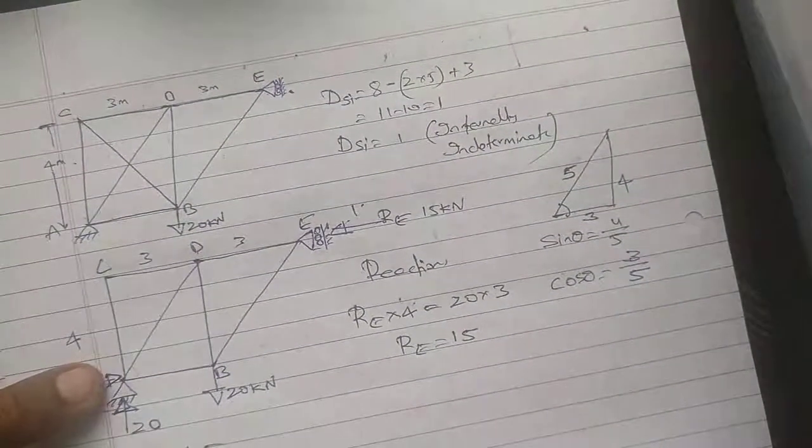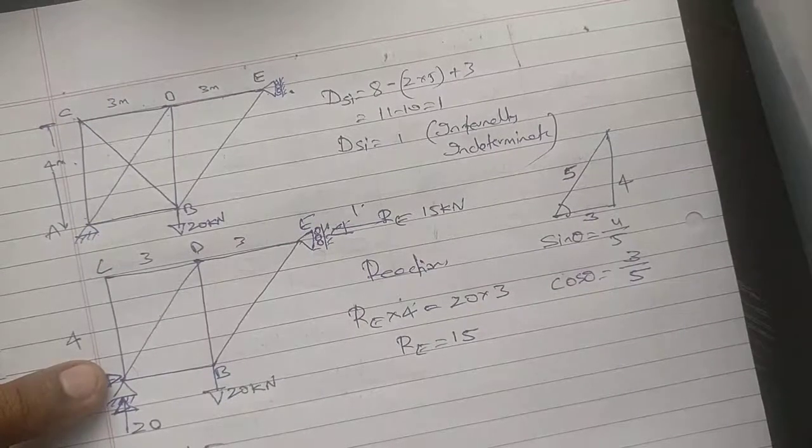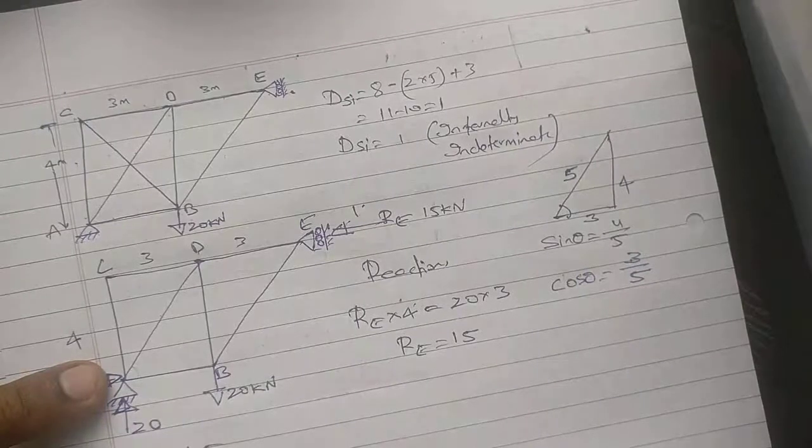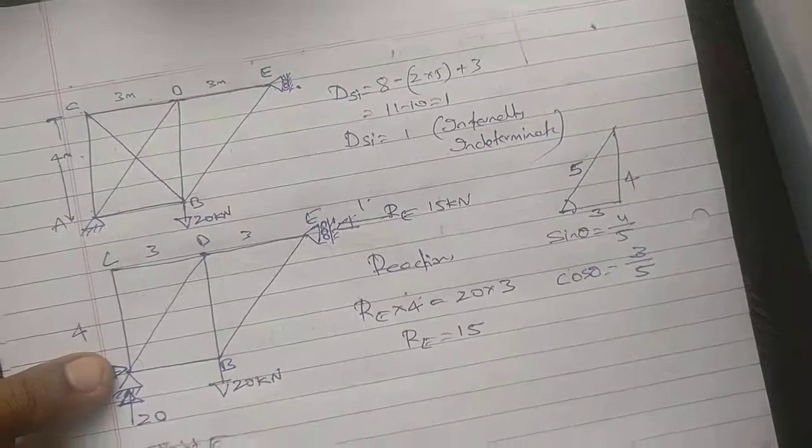So joint E, this one is 15, away from joint, away from joint.